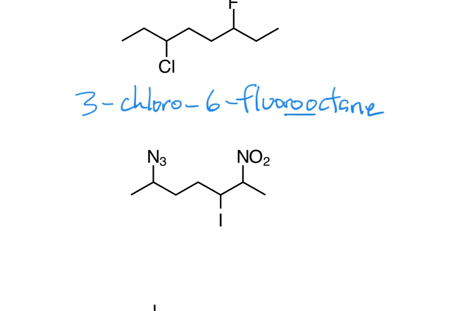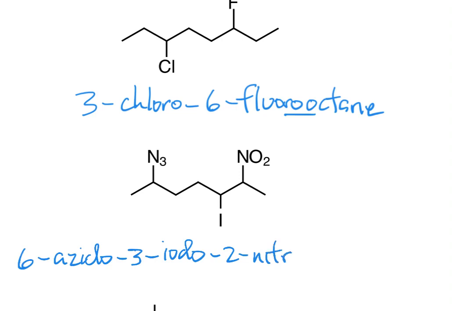All right, so we're going to go ahead and number this compound right to left, because my first branch here would be 2 going in the other direction, but then the presence of the iodo branch means that we want to number right to left so we can get the lowest possible numbers overall. So for this compound, we are going to write it out as 6 azido, 3 iodo, 2 nitro.